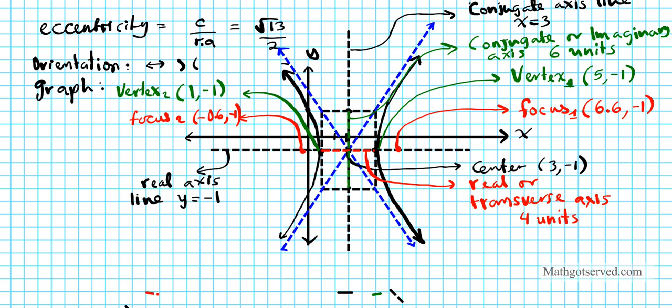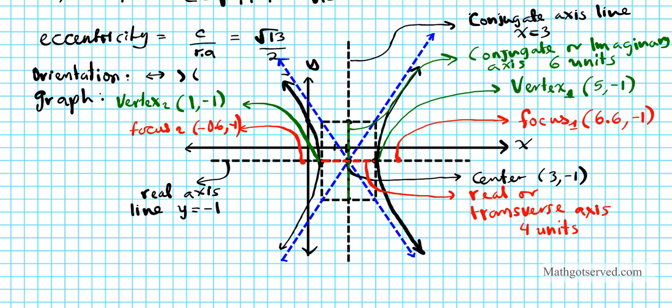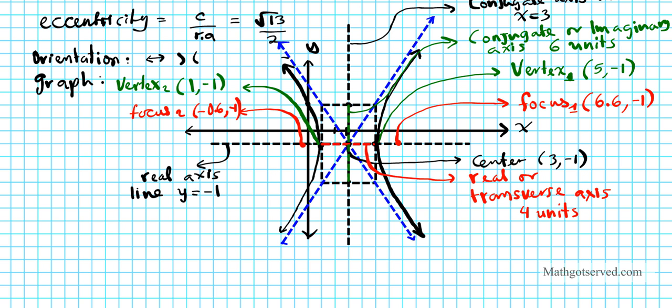Now let's go ahead and label the equations of our asymptotes. So let's label these ones in blue. We're going to have asymptote 1 and asymptote 2. This one will be asymptote 1.